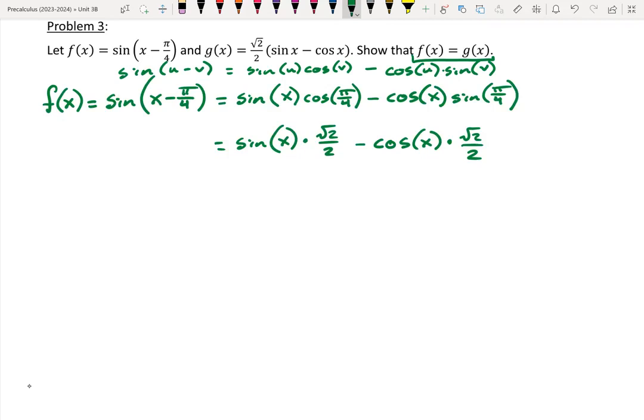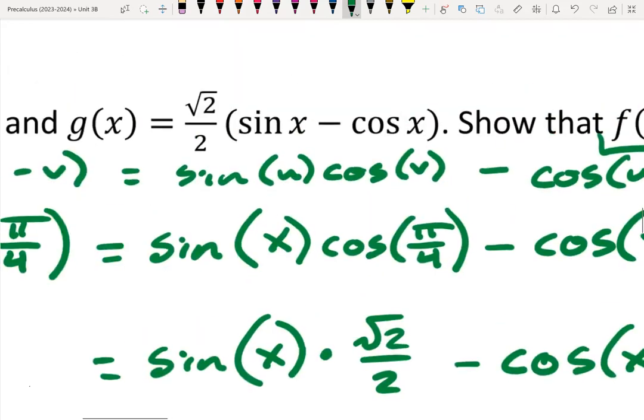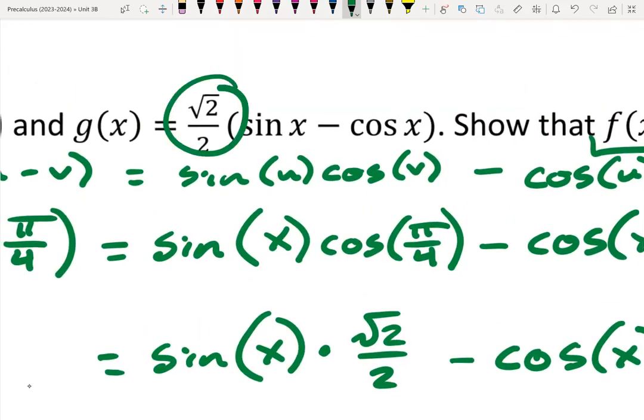Now, I want you to look at our end goal. Our end goal is g. What is the difference between what we have written and what they say g is equal to? What did they do with the rad 2 over 2? They put it in the front, right? Can we do that with our problem?